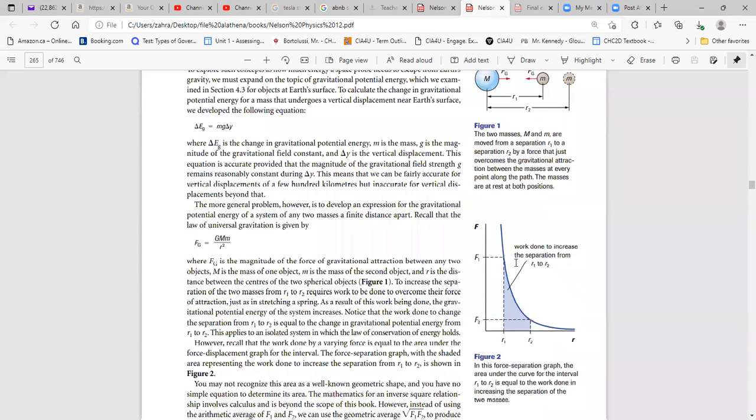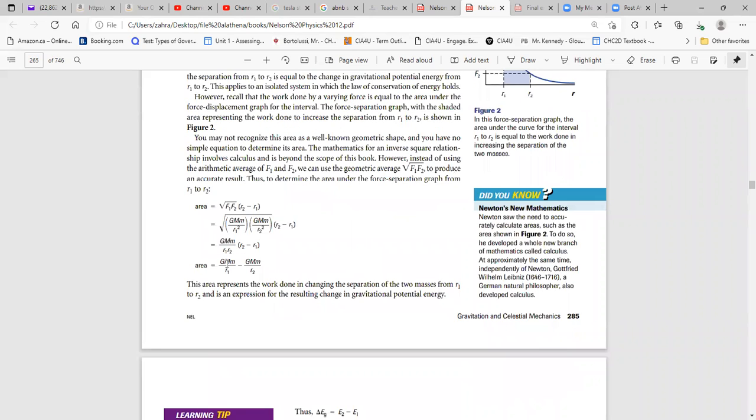So we know the area under the force-displacement graph would give you the potential. If you find that area, you will find that the area is GMm/R1 minus GMm/R2.